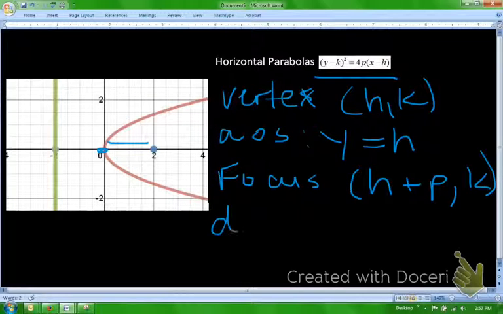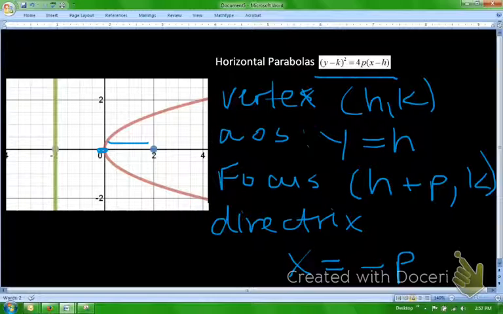The directrix is going in the opposite direction, and it is a vertical line, so it's going to look like x equals, notice the way we're going, so it's negative p. In this case, it would be h minus p.